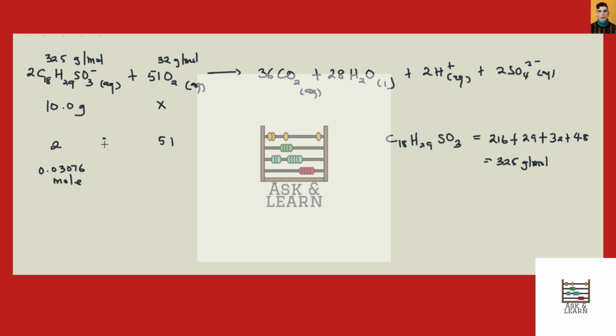So since 2 moles of this requires 51 moles of oxygen, how many moles of oxygen will require 0.03076 mole? You can call this Y. So we just cross multiply.